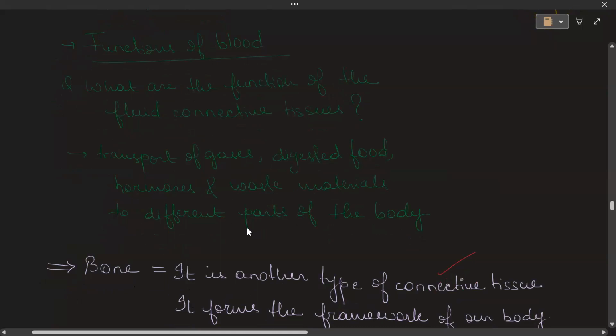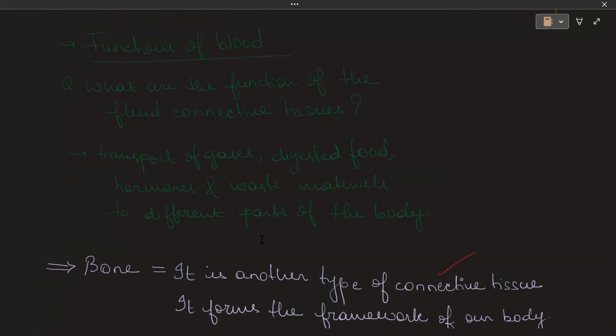Yes, ma'am. Okay. Now let us see what is the function of blood. In the question form, they may ask you what are the functions of the fluid connective tissue? So you must know that the fluid connective tissue is blood. In our body, the blood is the fluid connective tissue.